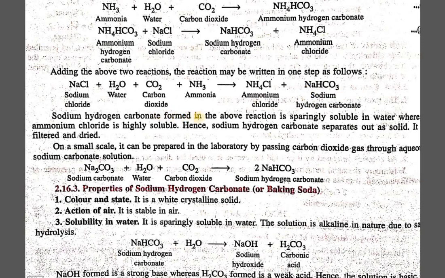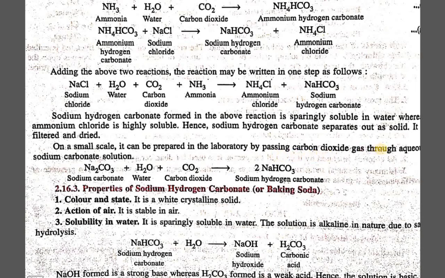Now this baking soda formed in the above reaction is sparingly, meaning slightly, not completely, soluble in water, whereas ammonium chloride is highly soluble. So the sodium bicarbonate separates out as a solid and is then filtered out and dried. On a small scale, it can be prepared in the laboratory also. How?